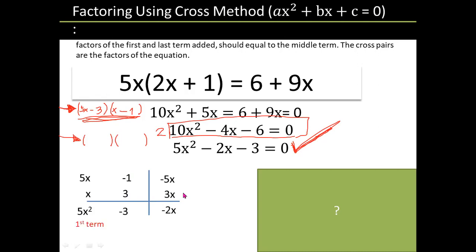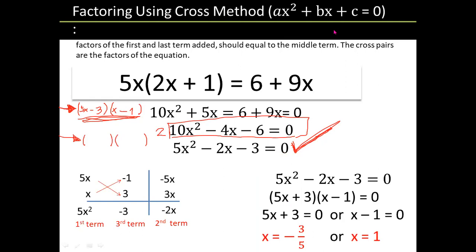So we pair up. Okay, we pair 5x plus 3 and x minus 1. All right. 5x plus 3 and x minus 1. Okay?